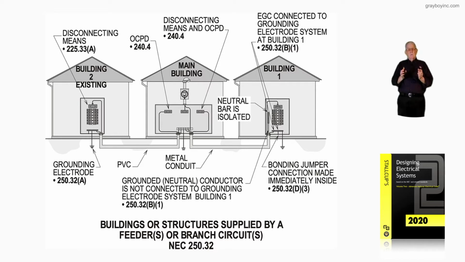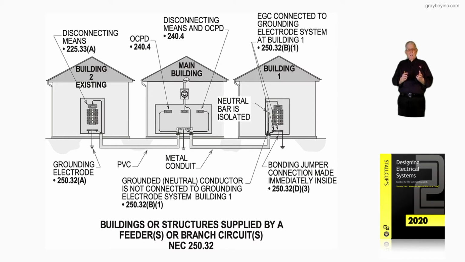Now, we're reviewing where we have the service equipment maybe located in a building, in a substation, for example, or just a building that's located with service equipment, with feeders going to different buildings. Or maybe in one building we have all the service equipment feeding two other buildings.